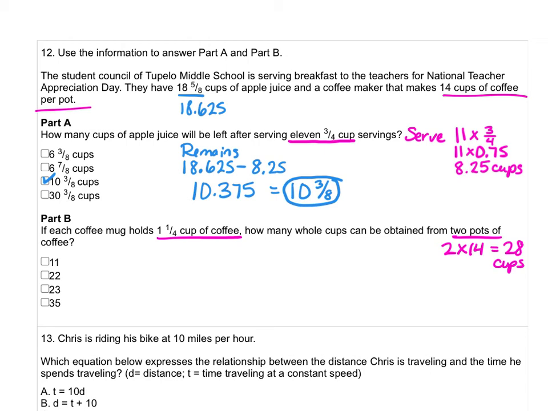I don't love that wording because that can be kind of misleading, but I'm going to assume it's asking for mugs. And we're going to say 28 divided by 1 1/4, which is like saying 28 divided by 1.25.